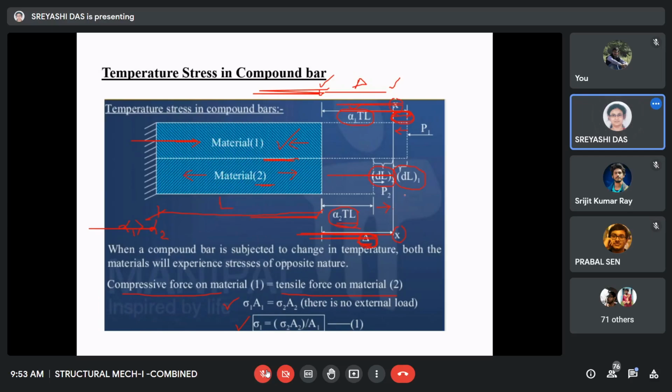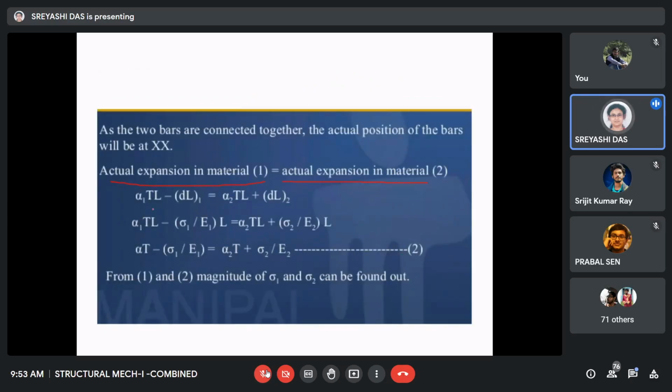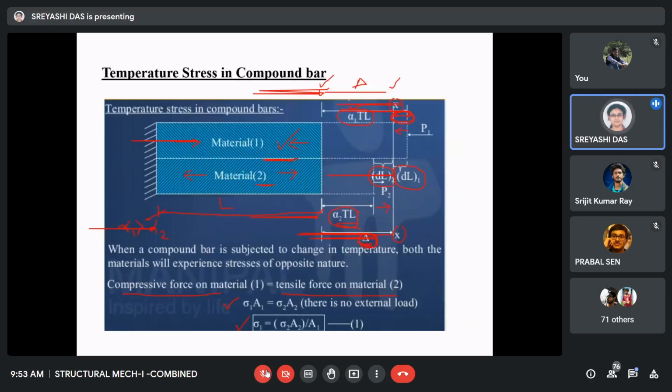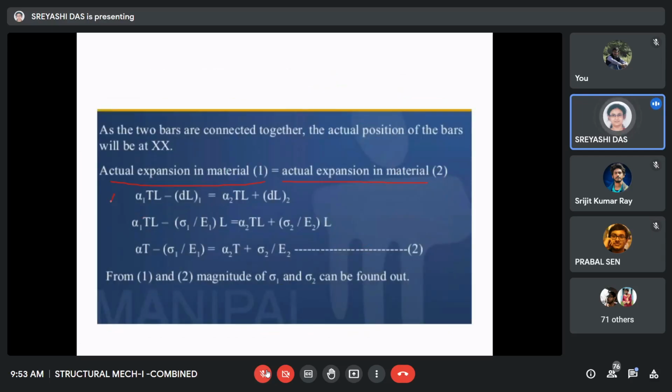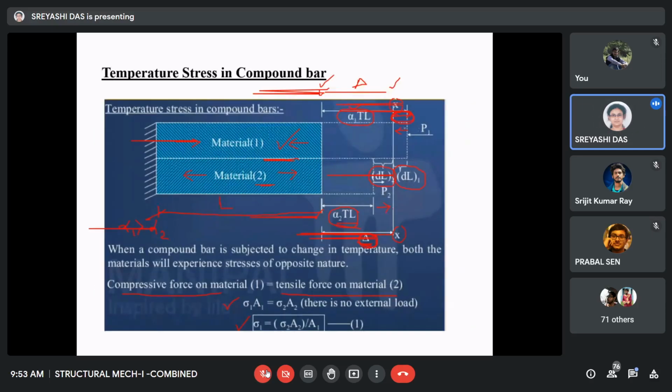So alpha 1 TL is the full length minus DL1, and this is delta. This delta we can calculate from material 1 and from material 2. From material 1, delta will be alpha 1 TL minus DL1, and for material 2, delta will be alpha 2 TL plus DL2.